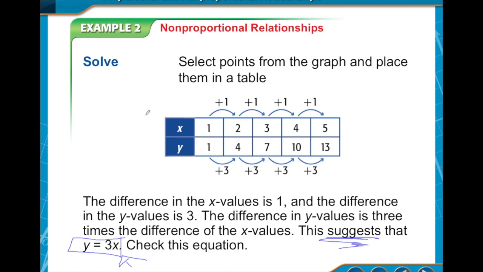And I'll tell you, anything that is non-proportional is going to have some kind of a plus or minus after your slope. Only things that perfectly go through the origin are nice and neat like this with nothing else after it. We already talked about how proportional ones go through the origin and they have nothing else added. So y equals 3x would be proportional. We're talking about ones that are not. So there's more to do.